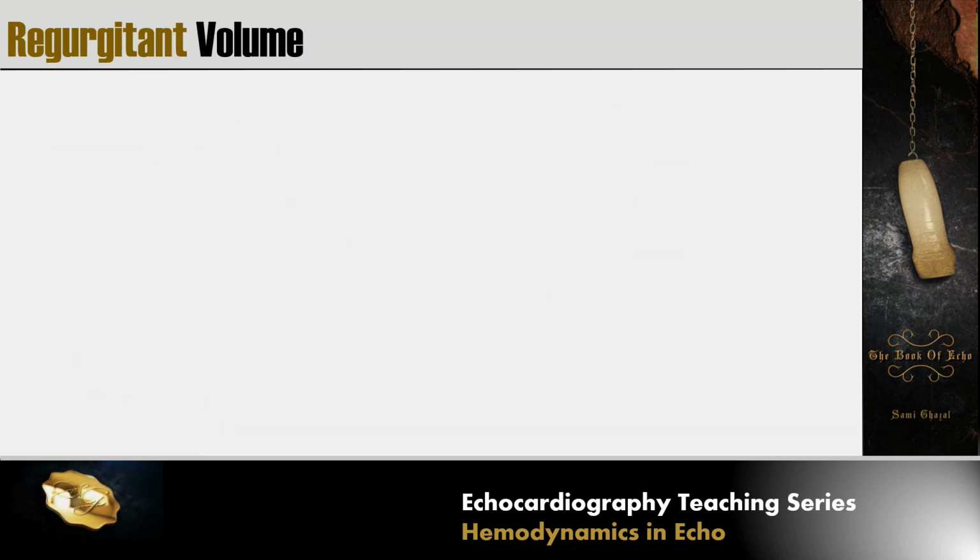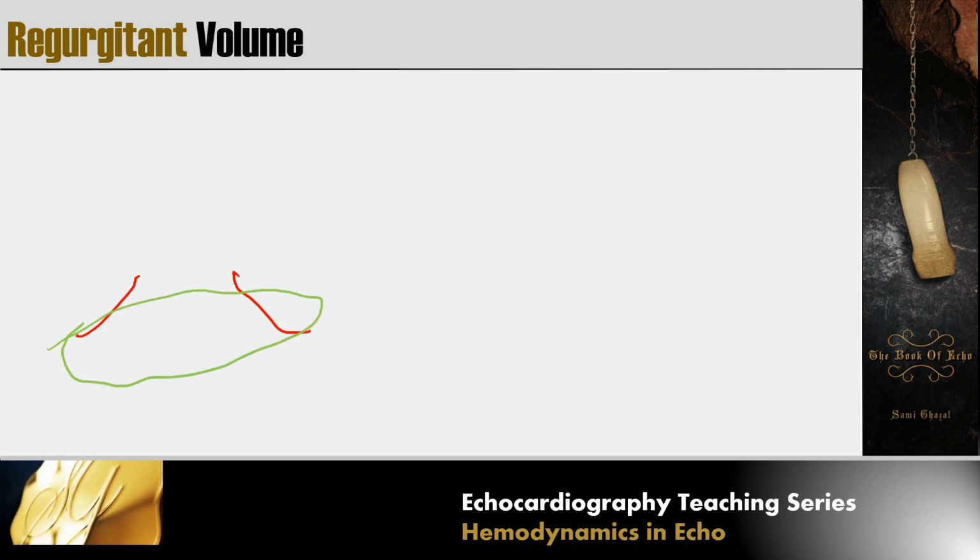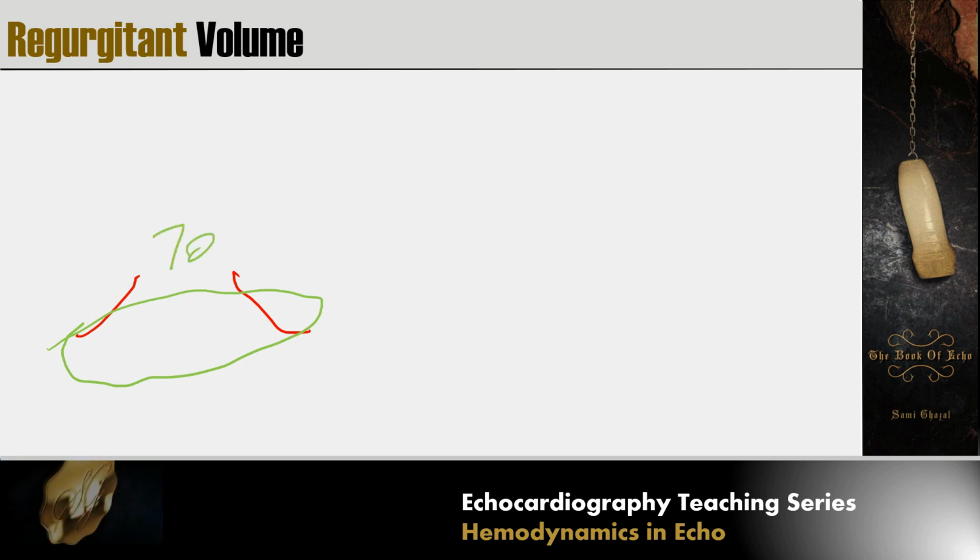So again, we said continuity equation will assume that the same volume flow through all valves if the valves are competent. Let's assume again now we have mitral regurgitation, and we calculate the mitral stroke volume here as 70 ml, and the aortic valve we measured the LVOT stroke volume.